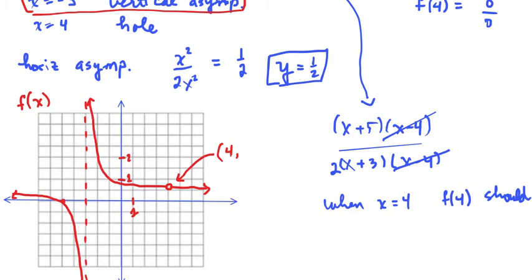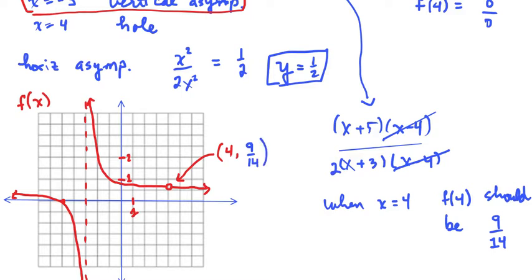So f of 4 should be equal to, let's see, 4 plus 5 on the top is 9. 4 plus 3 is 7, times 2 is 14. It should be equal to 9 over 14. So this point right here occurs at x equals 4 and y equals 9 over 14. That's where our hole occurs.